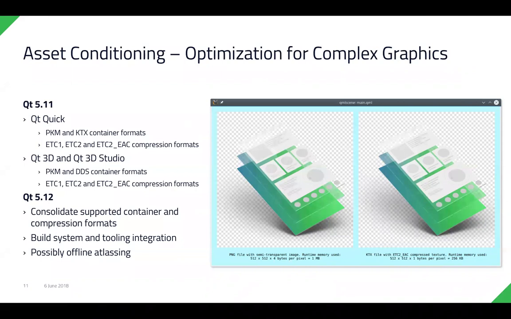We'll also work to get better integration in the build system and tooling. And we are also looking into providing offline atlasing in addition to the atlasing that Qt Quick is automatically doing, to give even further savings on it. So that was my part.